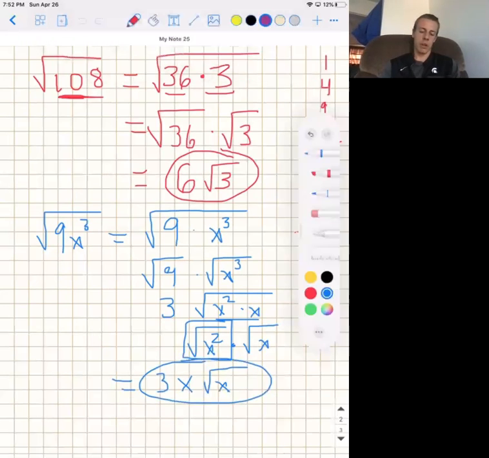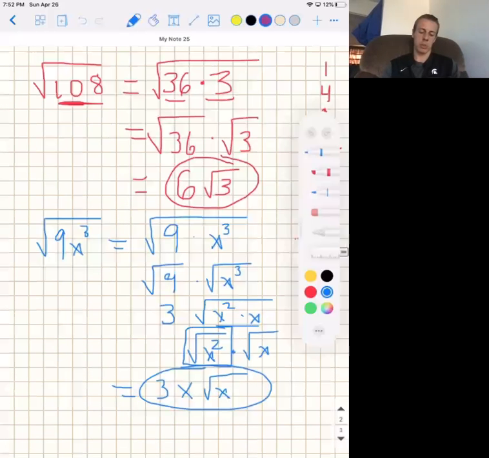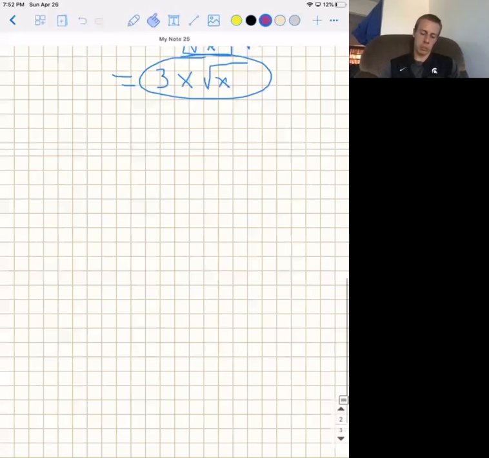So if you notice, so far, everything we've talked about has been multiplication. If you look at our examples, there was multiplication going on here, and multiplication going on here, and we were able to write it as a multiplication. We're multiplying two radicals here. I bet you can guess what's going to happen if we do a division problem.